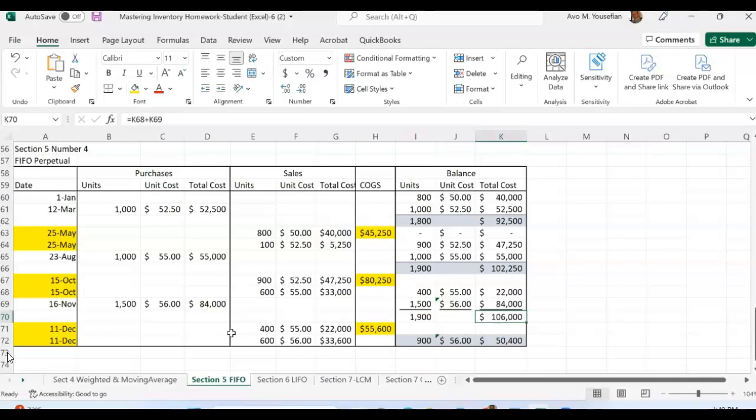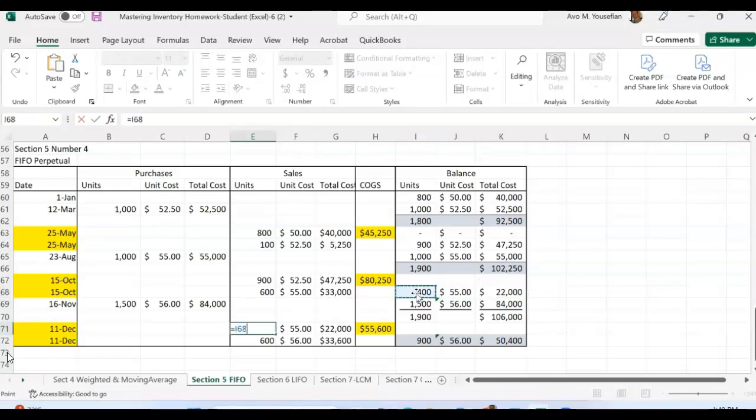However, on December 11, we sold 1,000 units. 1,000 units, that's first in, first out. So I go to the first layer, I want 1,000 units, but it's not enough. That's okay. We pick up all of it. And you say equals that amount, and the cost equals that layer, and that's the total.